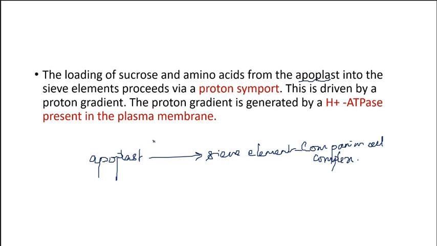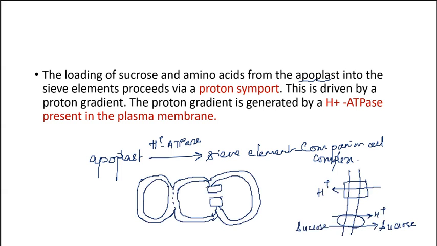They require H plus ATPase. Okay. So I can present in that way also, that if this is the apoplastic region, and the sucrose needs to be transported inside the companion cells.